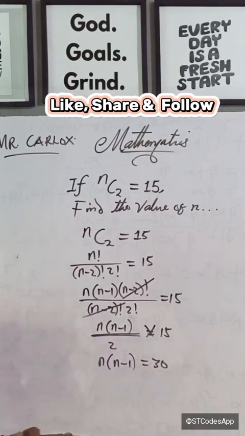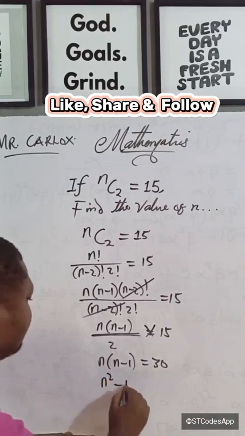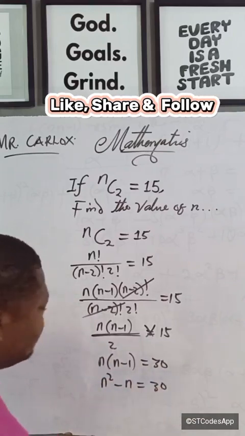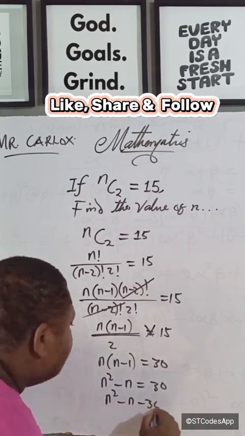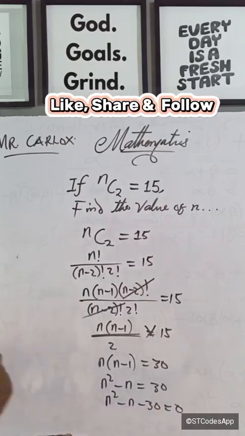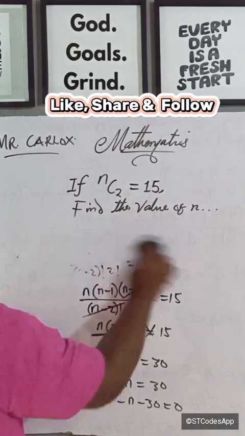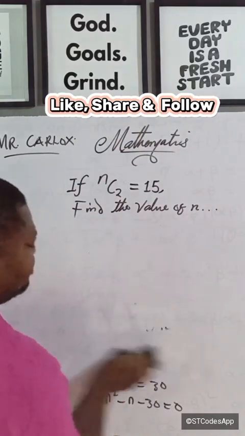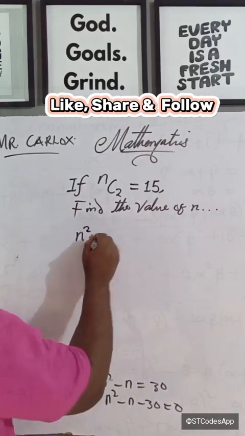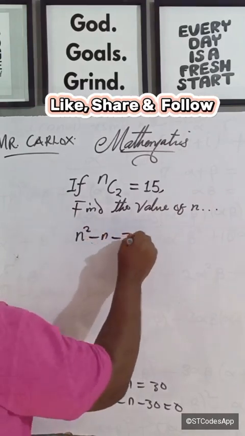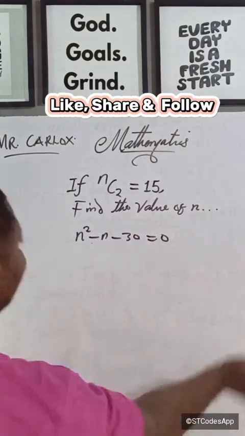So we're having a quadratic function here. This time we have n squared minus n is equal to 30, which is n squared minus n minus 30 is equal to 0. So I will now factorize this function to get the value of n. I have n squared minus n minus 30 is equal to 0. Look for two numbers that are factorizable.